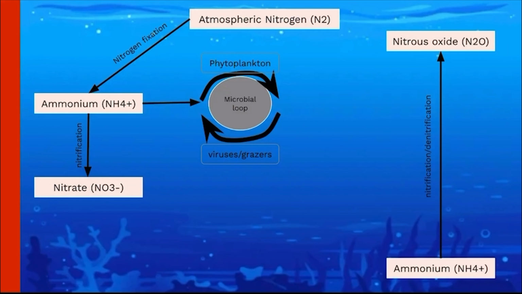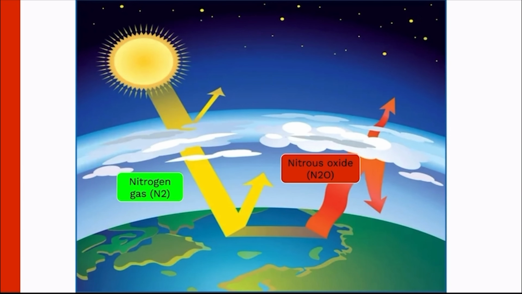Ammonium that is present at lower depths can go through nitrification or denitrification as it travels to higher levels and will form nitrous oxide, which can be released into the atmosphere along with the nitrogen gas. Nitrogen gas in the atmosphere is safe. However, high levels of nitrous oxide in the atmosphere act as greenhouse gases, which can promote climate change by trapping infrared radiation and depleting the ozone layer.